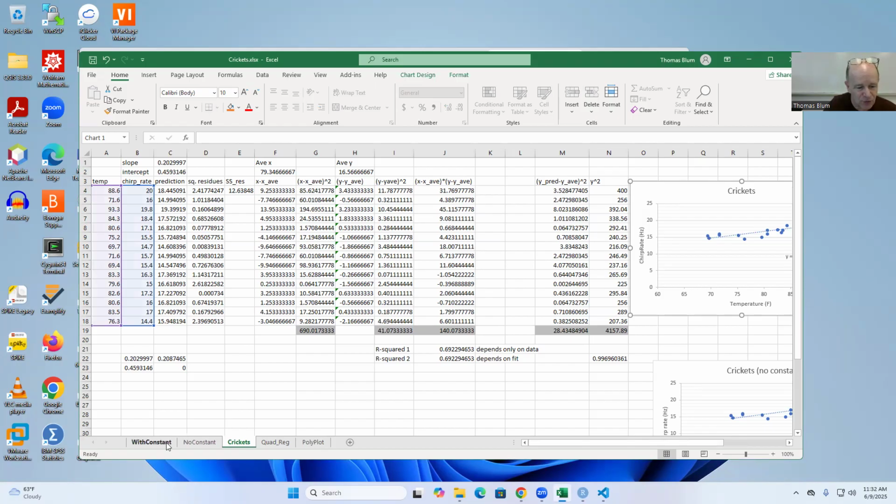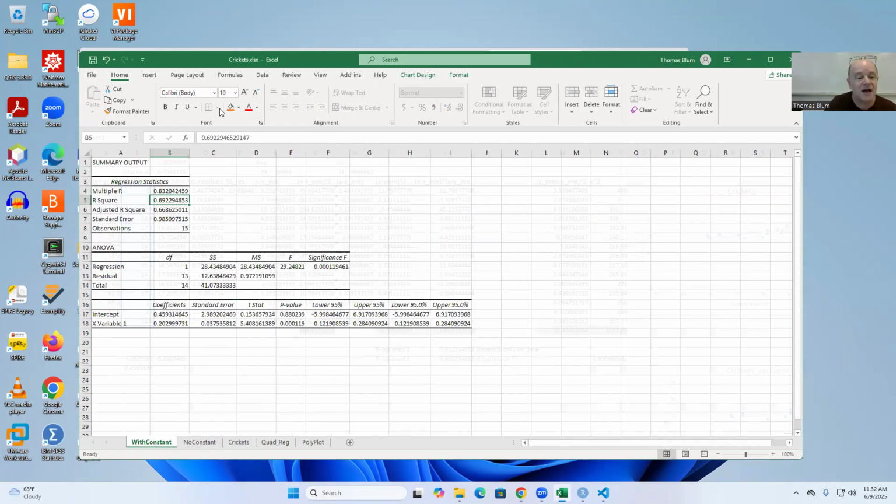So here was the regression with a constant and I was looking at the p-values. And the p-value for the intercept was large. So I thought, what would happen if I set it to 0? The null hypothesis for that p-value would be that there is no intercept. So what would it look like with no intercept?